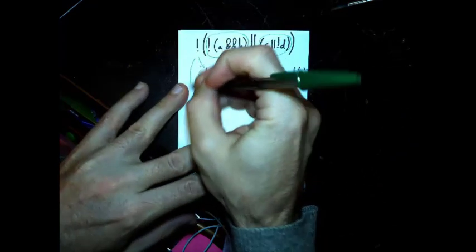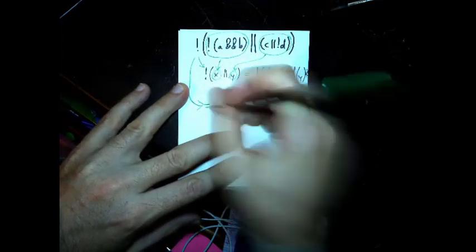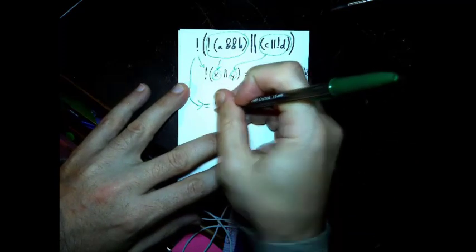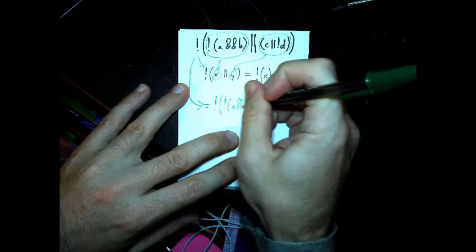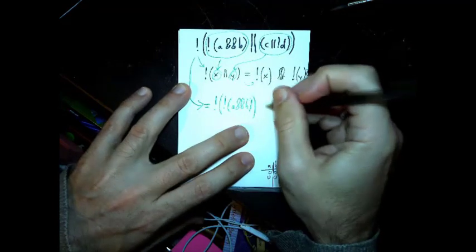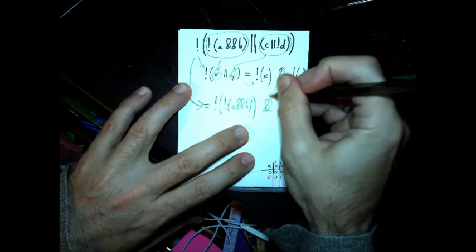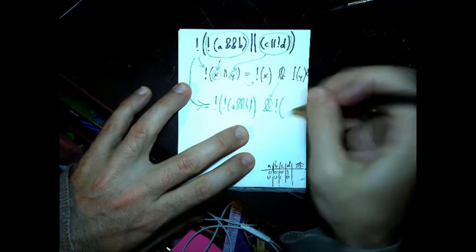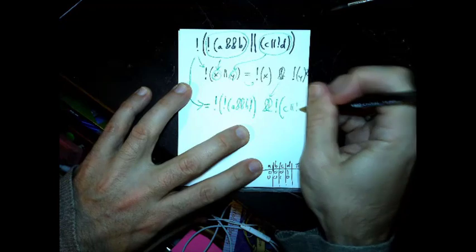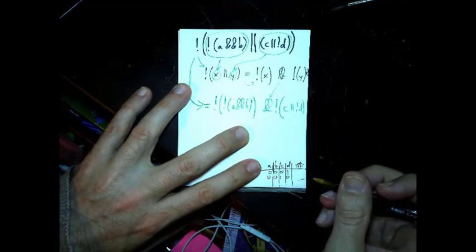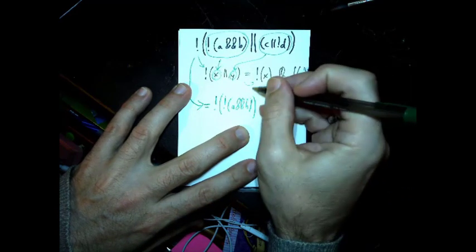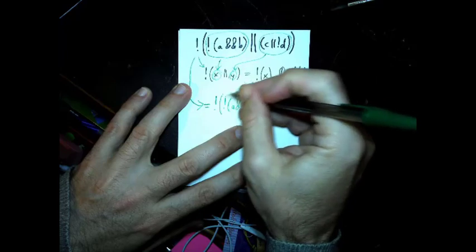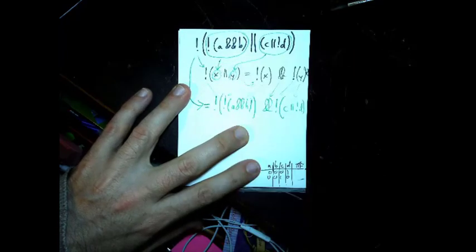This equals not A and B, and, right, not C or not D. So hopefully that makes sense.